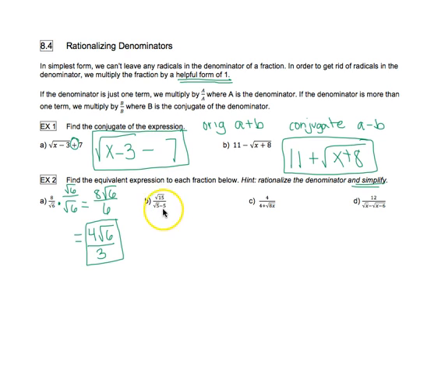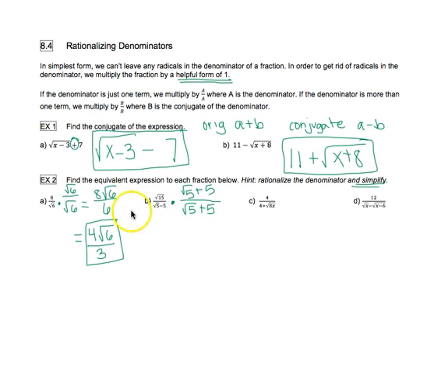In B, this is a binomial in the denominator. So there are two terms, which means we're going to have to multiply the top and bottom by the conjugate. So our helpful form of 1 is going to have radical 5 plus 5 on the top and the bottom, because that is the conjugate of the current denominator.